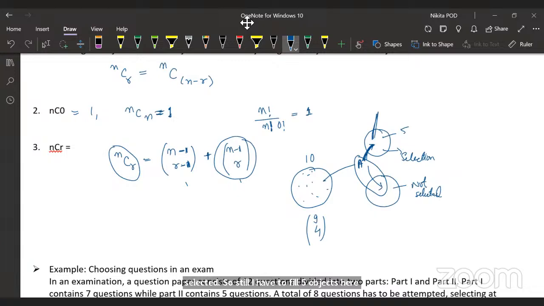Since A is discarded, I have 9 objects left, and out of these 9 objects, I have to fill 5. So selecting 5 objects out of 10 objects is same as selecting 4 out of 9 or selecting 5 out of 9. Does this make sense?